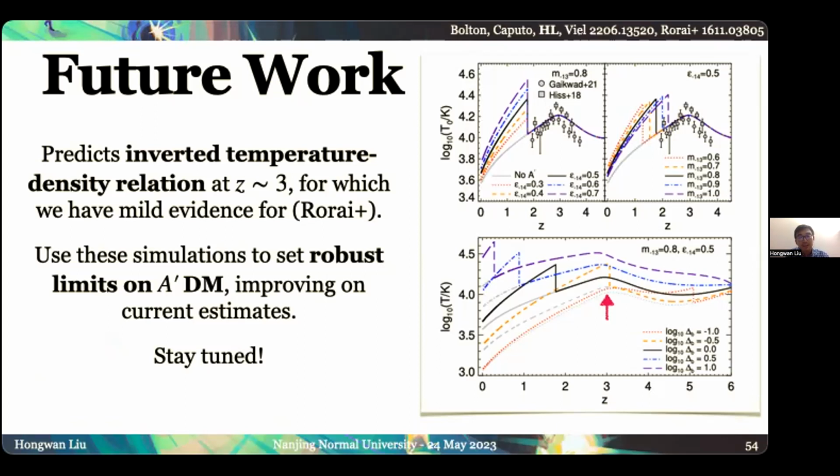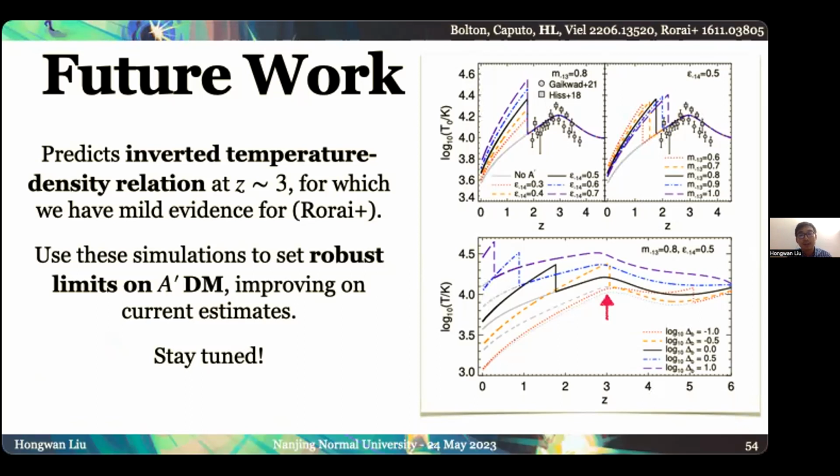One thing I would say is that because of the way the resonant conversion works, resonant conversions happen in underdense regions before they happen in overdense regions. And so one thing that we could look for is signs that, at high redshift, underdense regions are actually hotter than overdense regions.